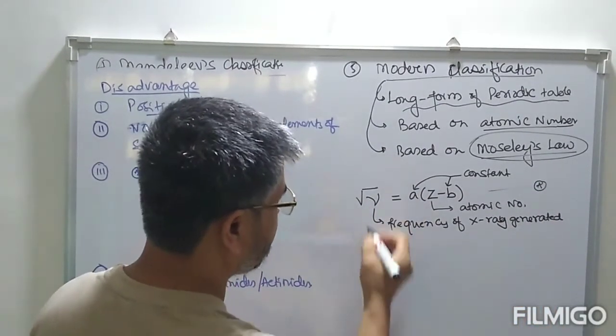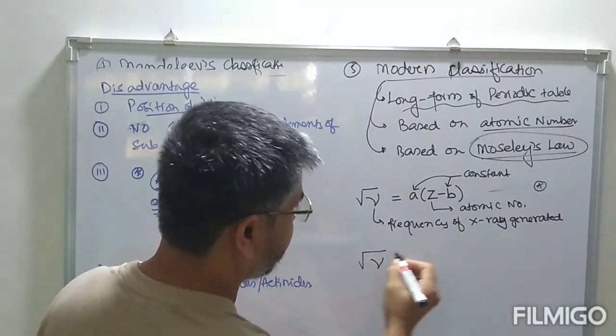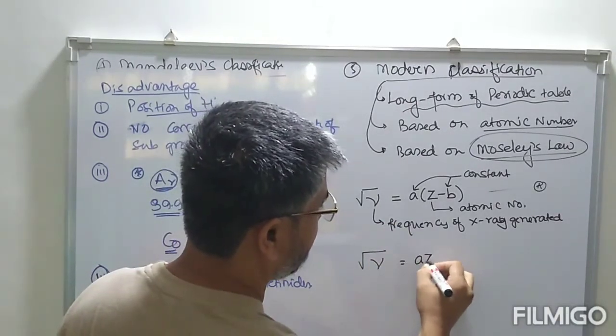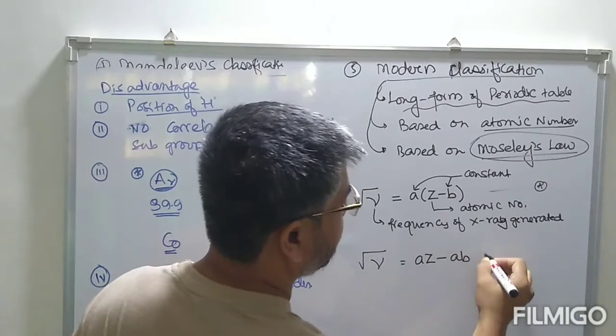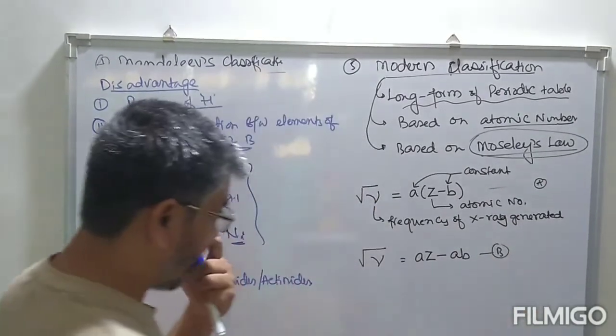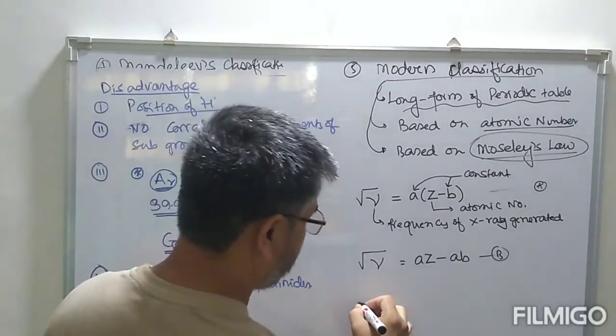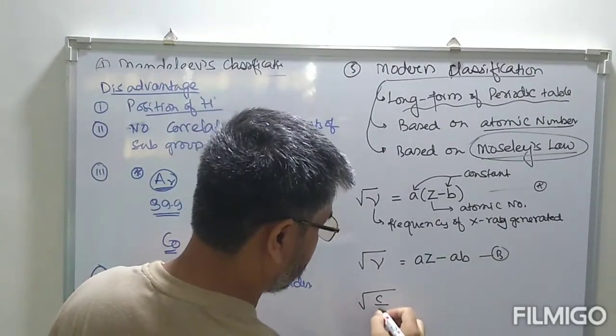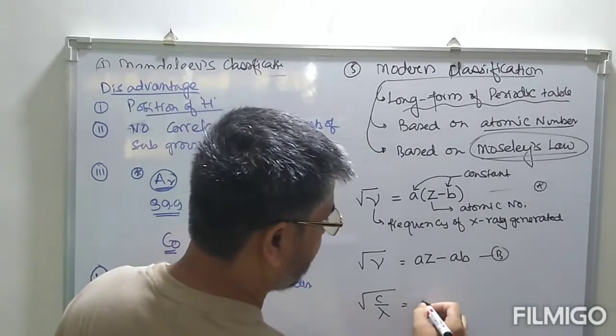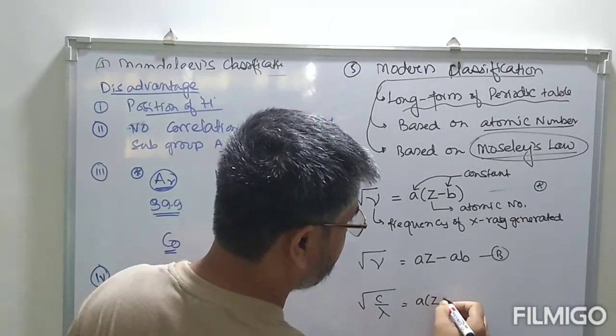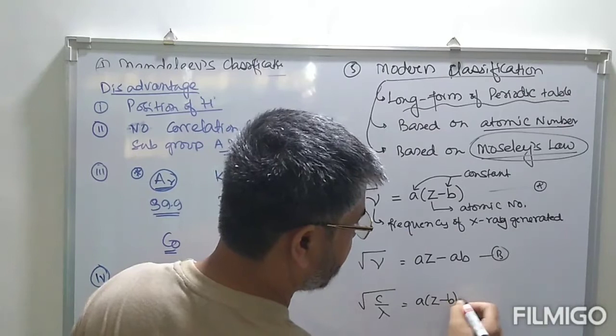The same can also be written as, look at this, frequency is equal to a(Z minus b), that is the graph. Now frequency can be related to wavelength by c over lambda, so it is a(Z minus b).